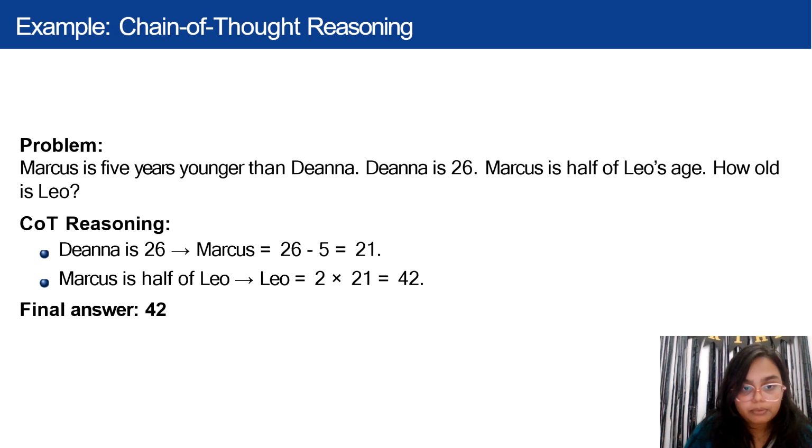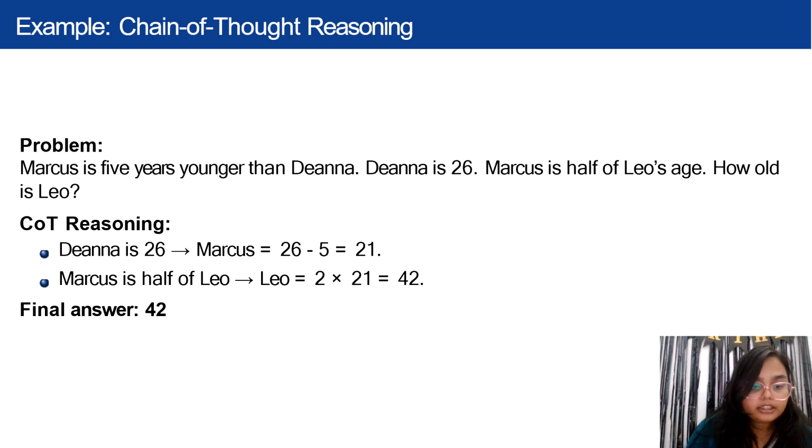Let's take an example here. This is a maths problem. Marcus is 5 years younger than Dina, and Dina is 26 years old, and Marcus is half of Leo's age. So what is the age of Leo? Here we first solve step by step. First we write that Dina's age is 26.